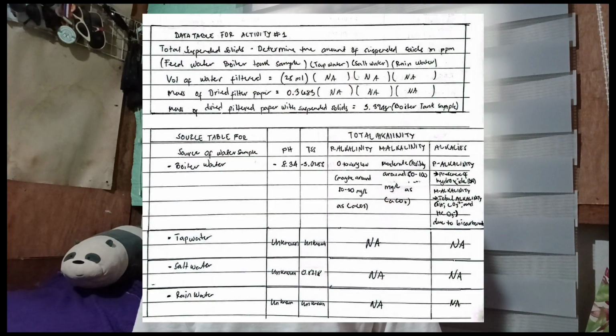However, methyl orange indicated moderate alkalinity with an estimate of around 60 to 100 milligrams per liter, as this shows the presence of bicarbonate ions, which is typical in boiler feed water. Tap, salt, and rainwater were again marked as unknown due to the same limitation, and no alkalinity data was collected for them.